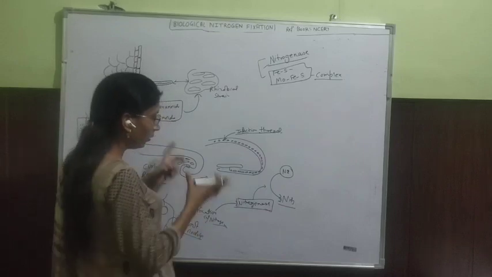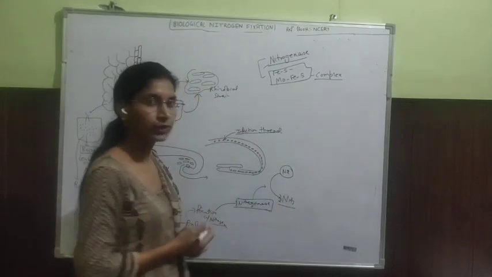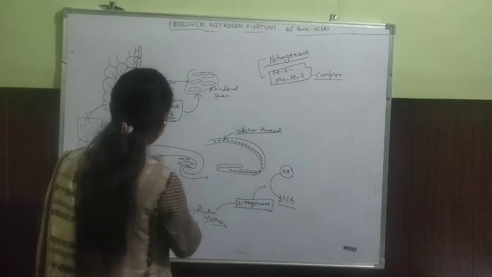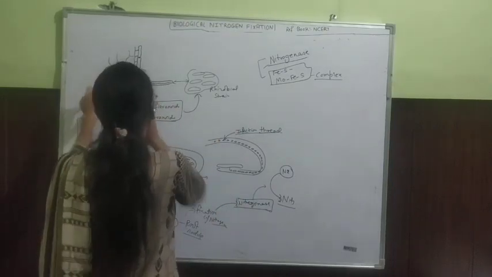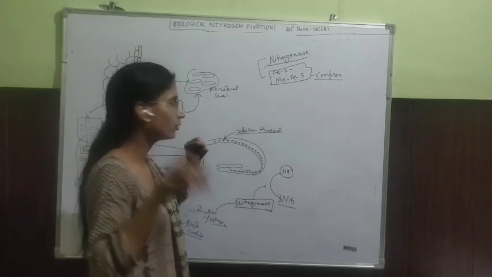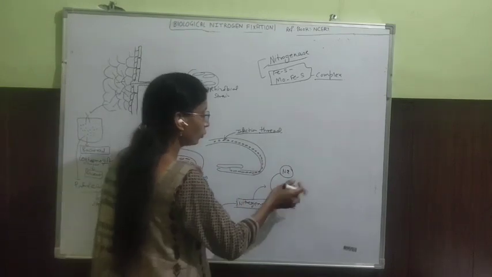So what happens to the ammonia produced by these rhizobial strains in the bacteroids of the cortical cell in the nodules?